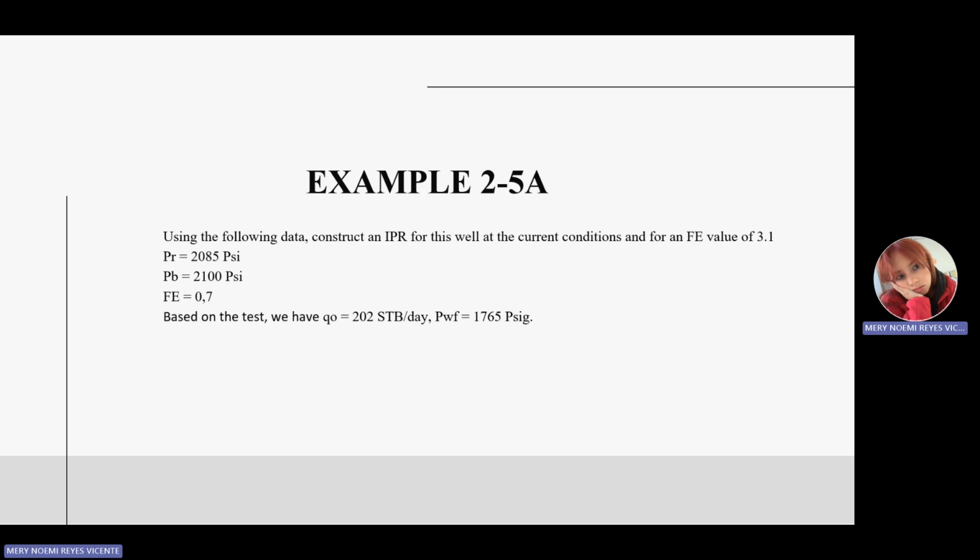Finally, let's look at a real world example. We have a well with a reservoir pressure of 2085 psi and a current FE of 0.7. Based on a test at 7065 psi, the well produces 202 barrels per day.